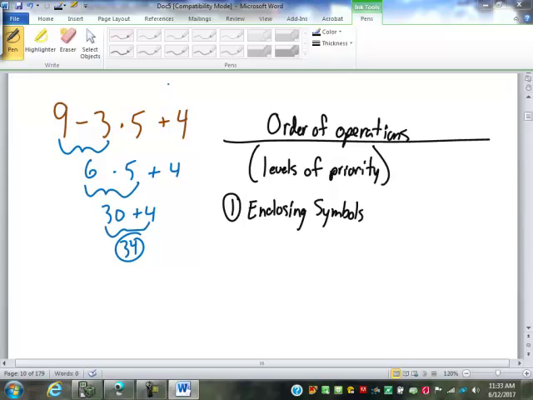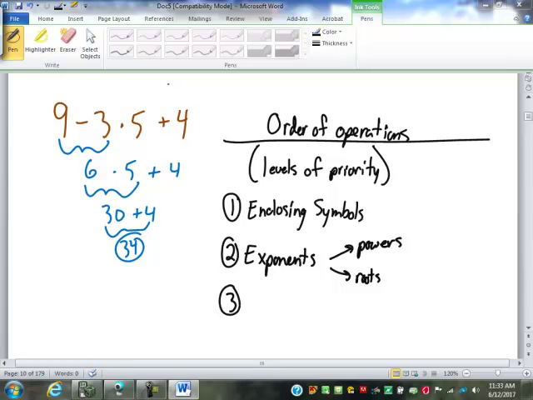Our second level of priority is exponents. Exponents include two things. The power, like we just saw, the 7 squared, 7 to the power of 2, and roots, which we haven't really talked about yet, but those both are part of exponents.